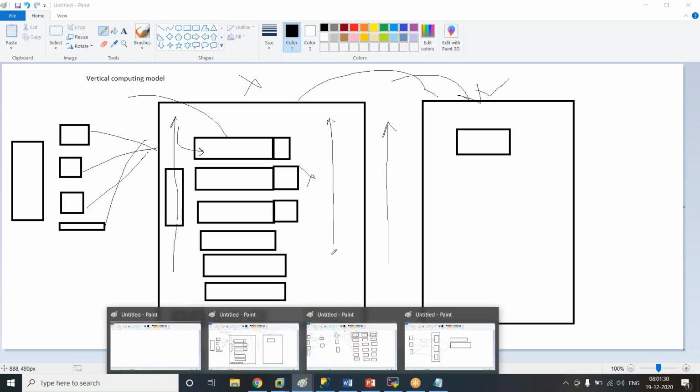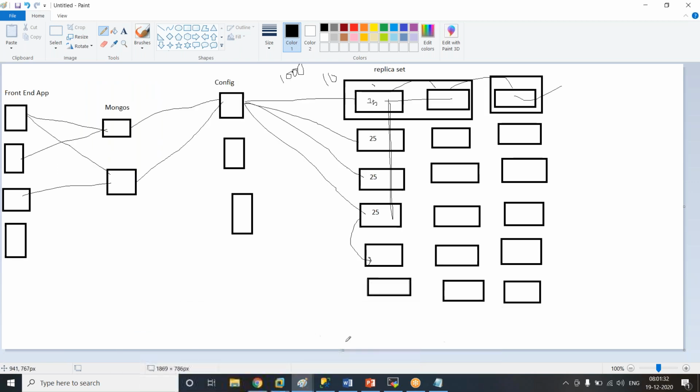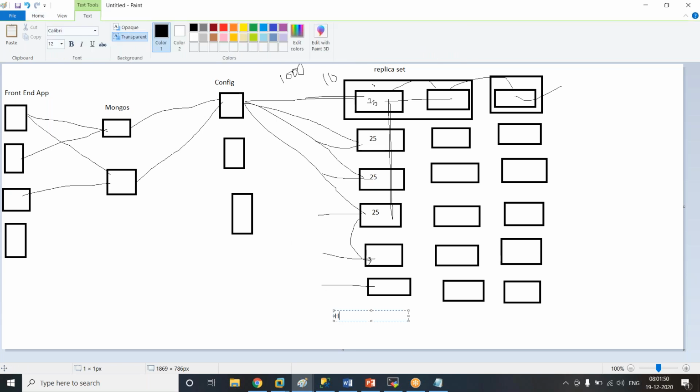This is called vertical scaling, adding to a single server. Here it is horizontal scaling. If data keeps growing, we add to the replica set, we add a different computing model. Why horizontal? Because we are running the data on multiple servers horizontally. All NoSQL families follow the horizontal computing model, which means a distributed computing model indirectly.